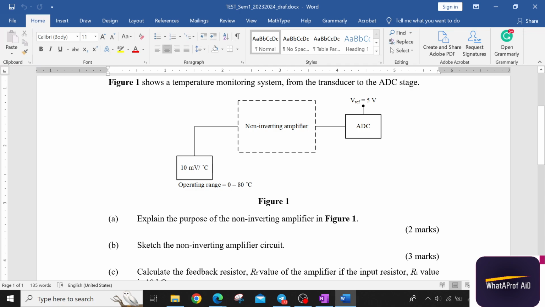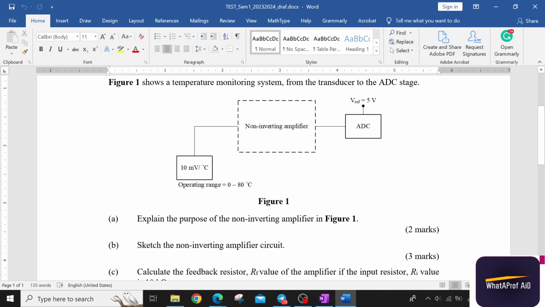Okay, this is the VI. The input of the amplifier is VI, and this is V out. So V out equals 1 plus RF over RI, times VI. VI is from the LM35, the input of the non-inverting amplifier, and we take the maximum value.